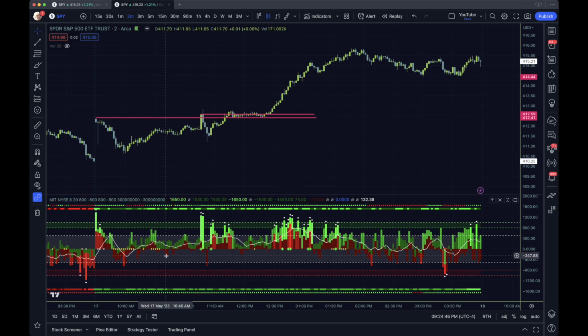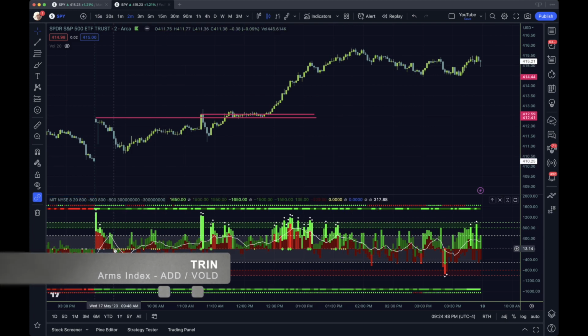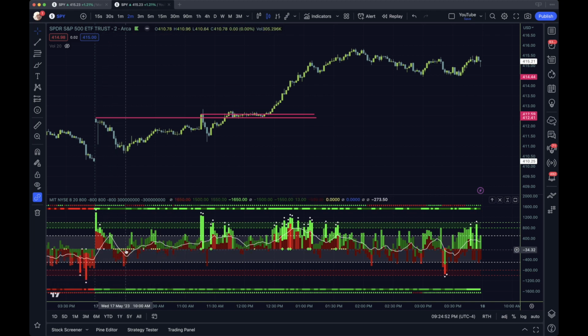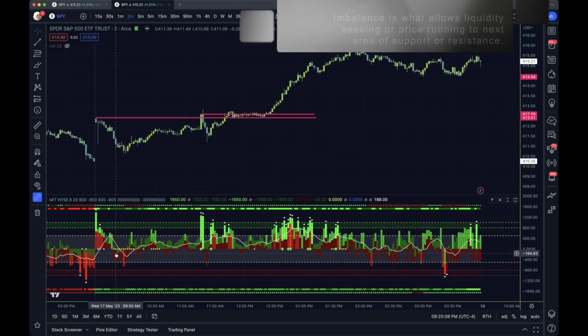One of the last features is the TRIN, the Arms index. How do I display that? The main display are actually these dots here at the center. If the dot is white, that means we're out of balance.